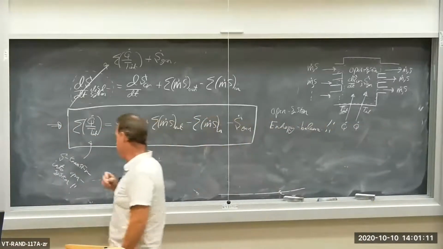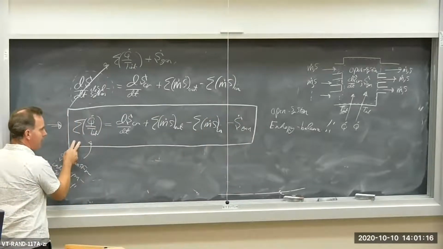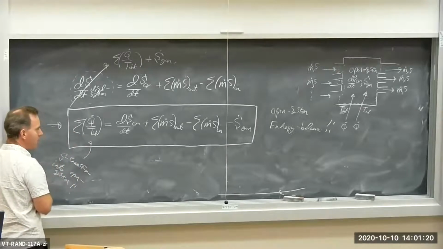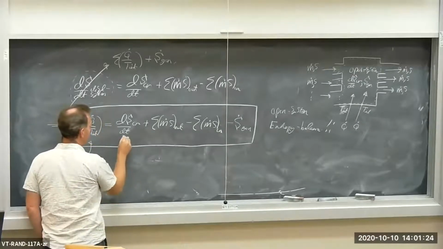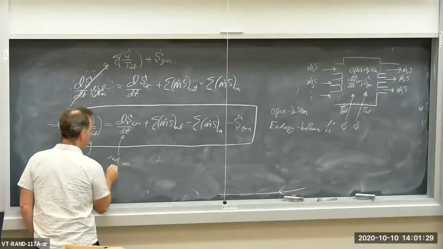So this open flow device can receive entropy in the form of heat transfer divided by the interaction temperature. And then we have the rate of change of entropy inside my open system.